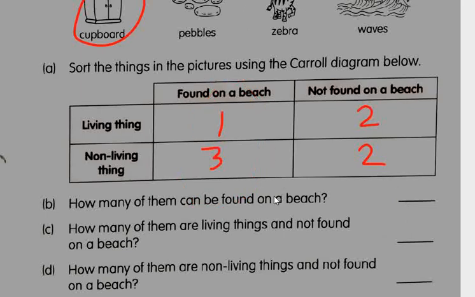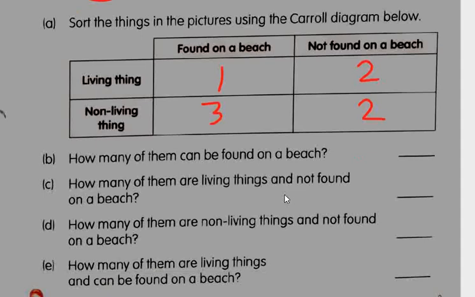Question C, how many of them are living things and not found on the beach? Living things but not found on the beach. So this one. Okay, just decide it by yourself. And question D, how many of them are non-living things and not found on the beach?